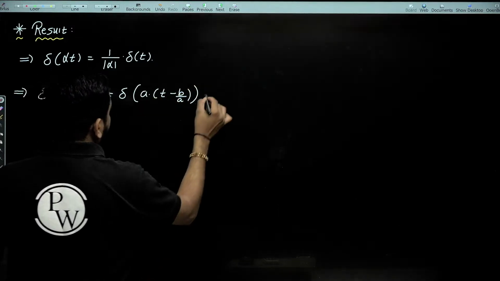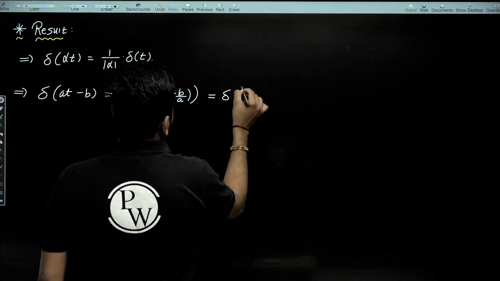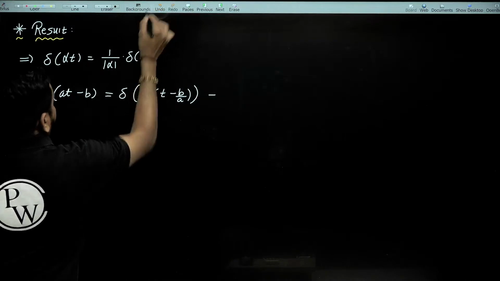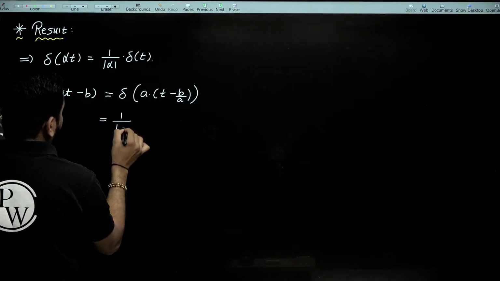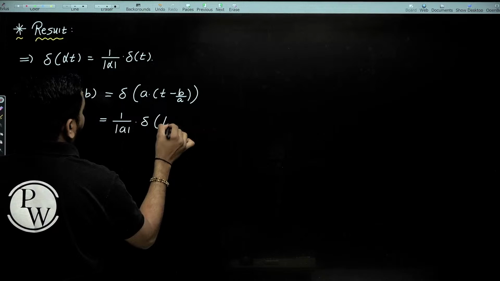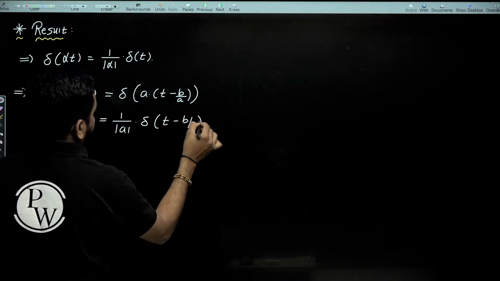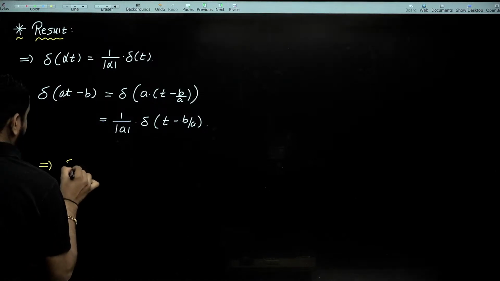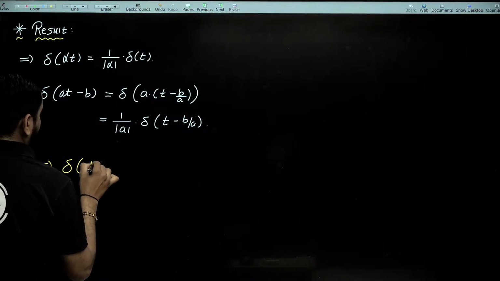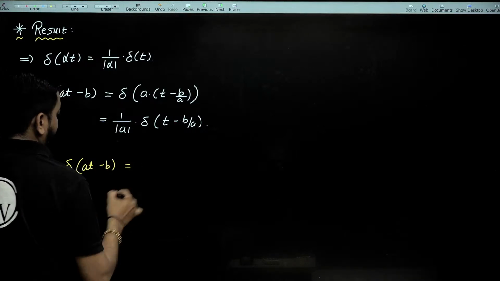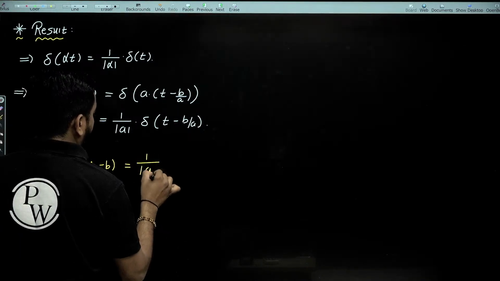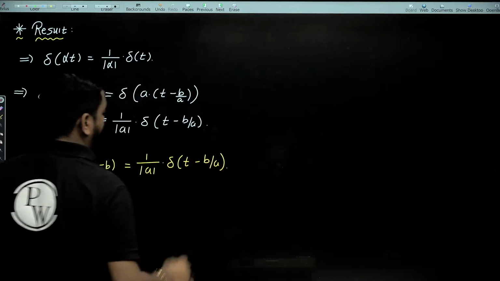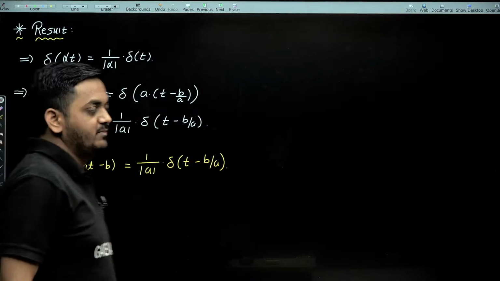Here the scaling factor is a, so it is 1 upon mod a, delta of t minus b by a. Finally, the result is delta of a t minus b is equal to 1 upon mod a delta of t minus b by a, guys.